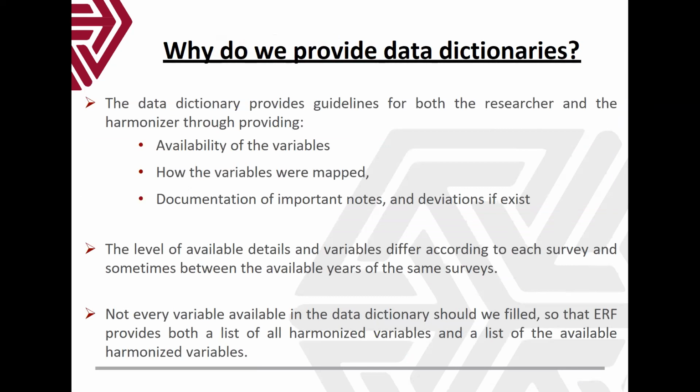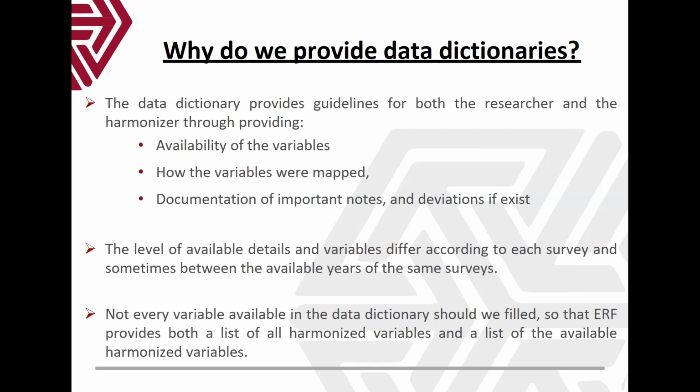Actually, one of the most annoying things is when a variable is always there for, for instance, 5 or 6 years, and suddenly the statistics agency decides not to gather this information anymore. So it's going to be there in the data dictionary as not available anymore.